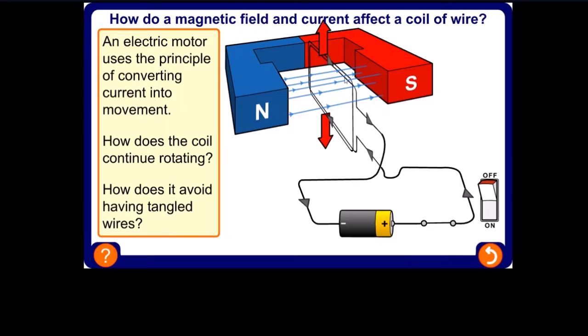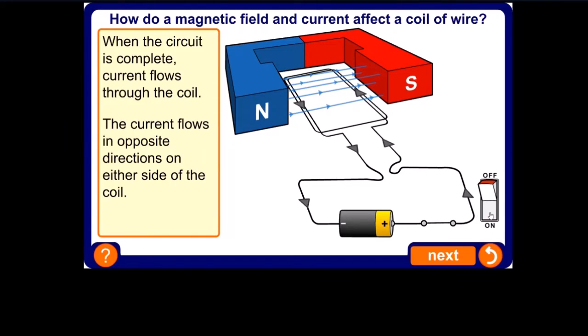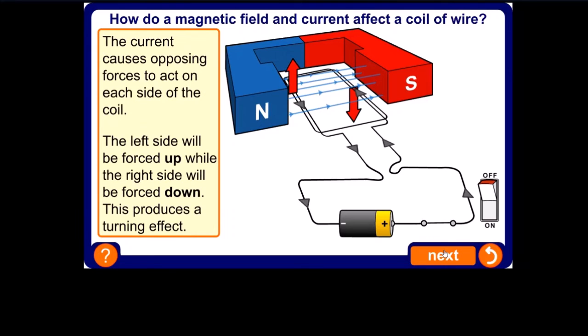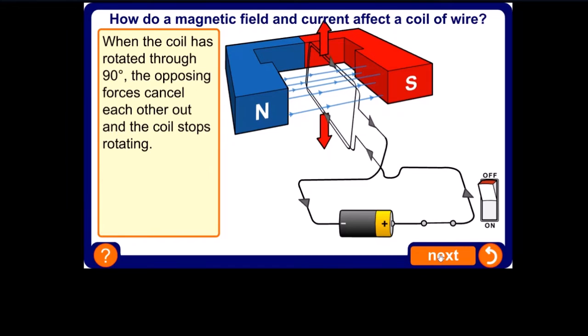And so what we need to do is introduce another part of the electric motor which allows this to happen. I'm just going to run through this animation one more time just to show you those steps again, particularly the movement of the coil, and so hopefully you can see why it comes to rest.